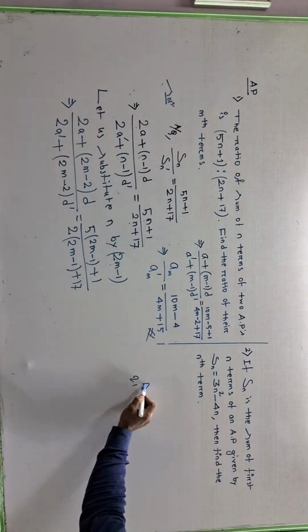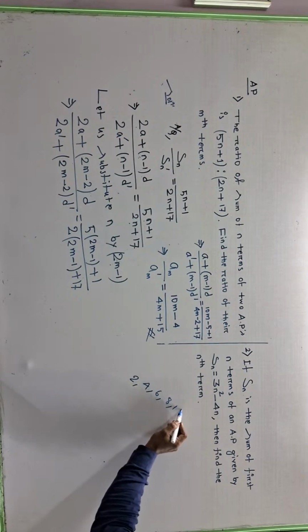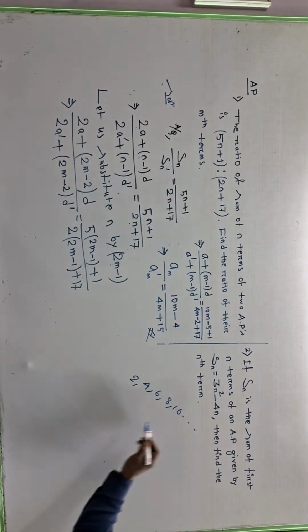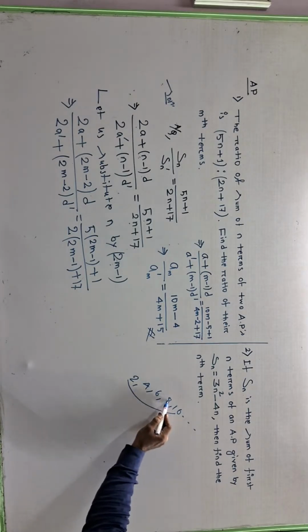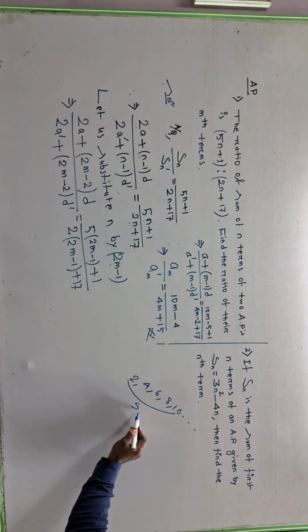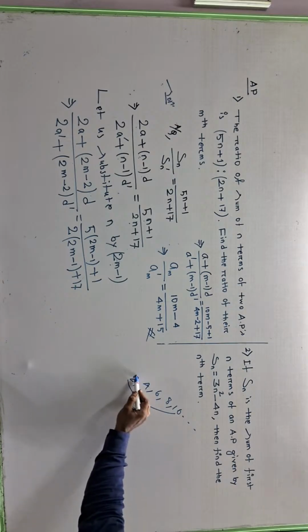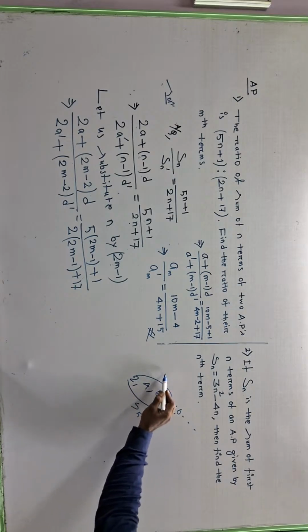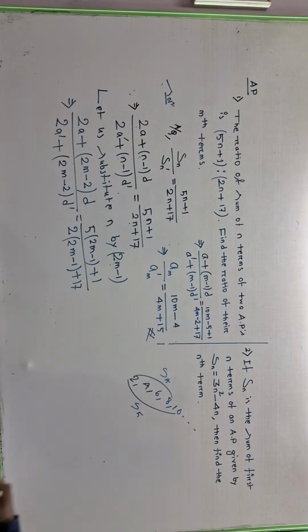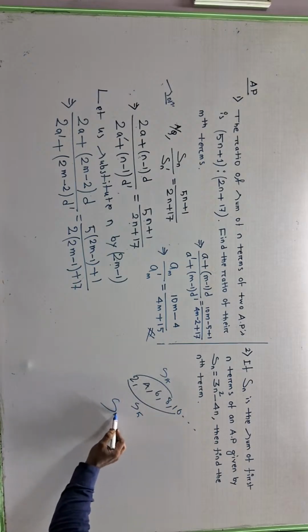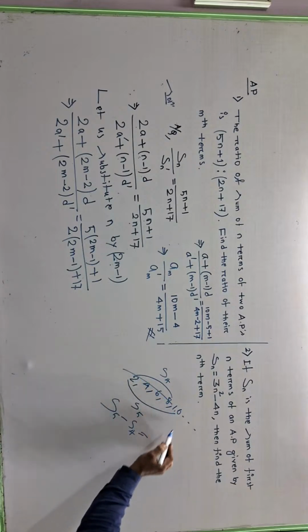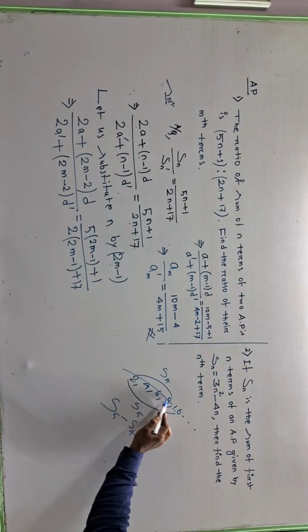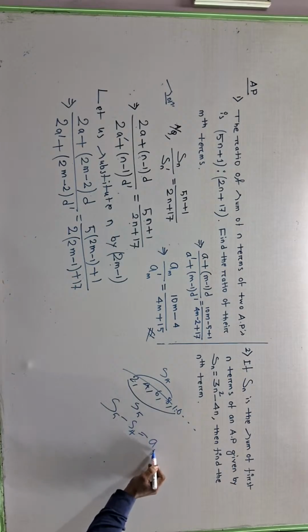Say 2, 4, 6, 8, 10, which is an AP. If you take the sum of these terms, 1, 2, 3, 4, 5, that is your S5. And if you take the sum from the beginning up to four terms, that is your S4. If you do S5 minus S4, what remains is the fifth term, that is your A5.